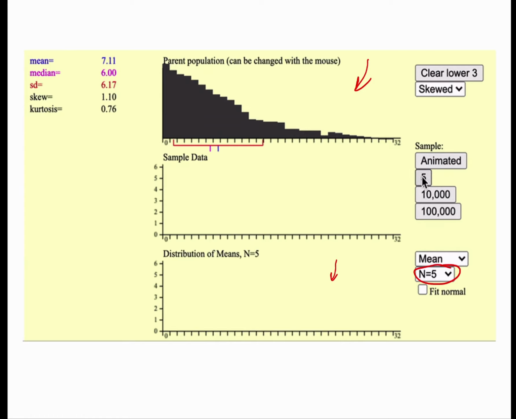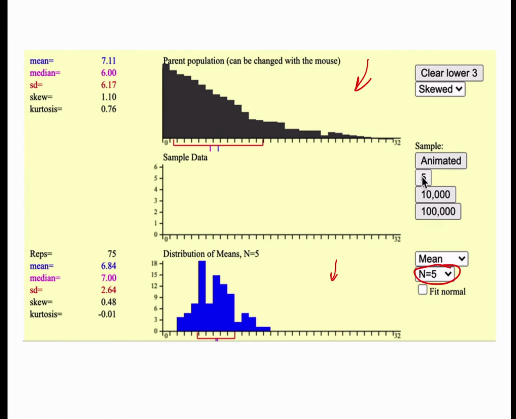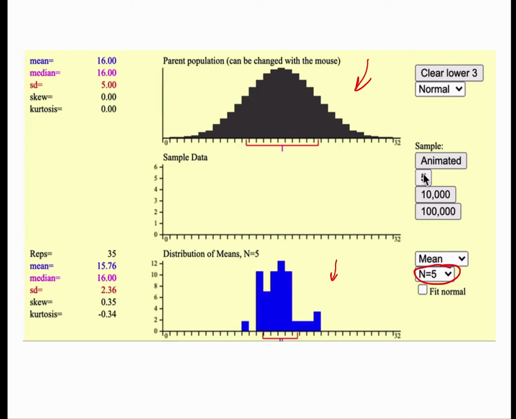Here, take a distribution that's skewed right, sample size n equals 5, and I look at my sampling distribution: a little bit skewed, not quite normal, but still pretty normal.